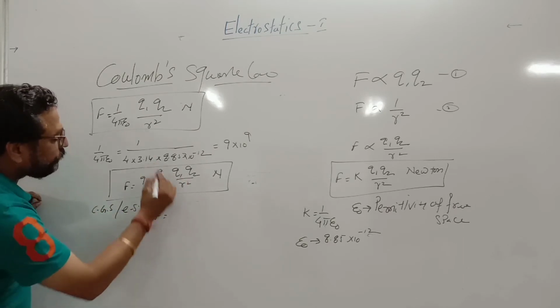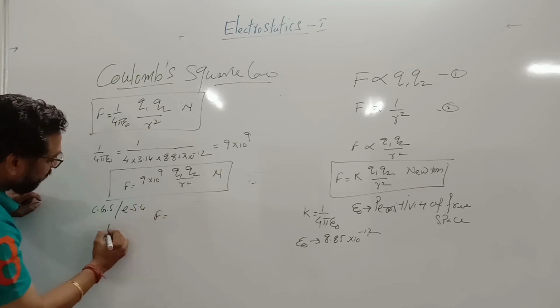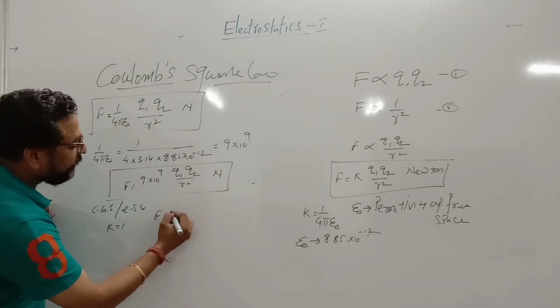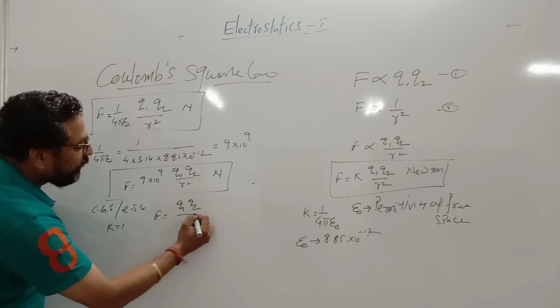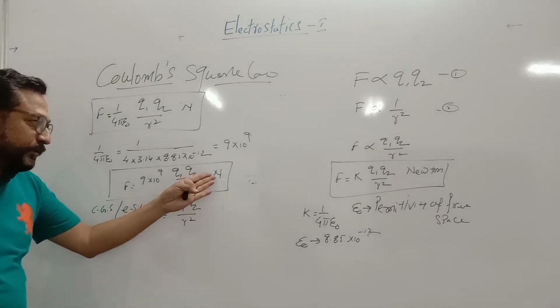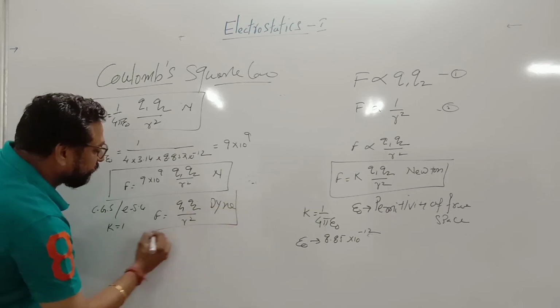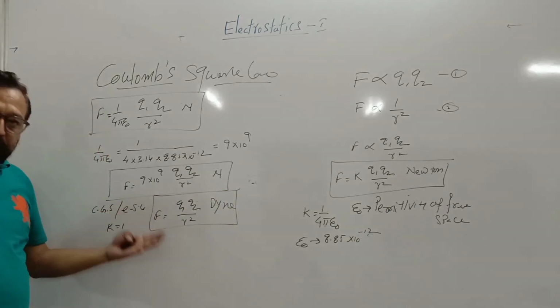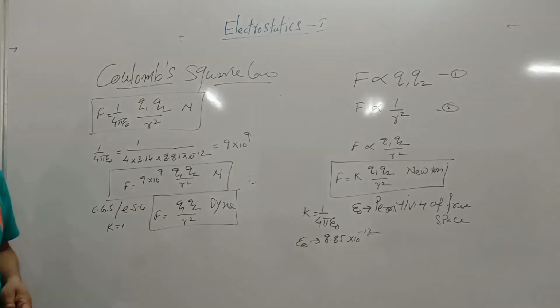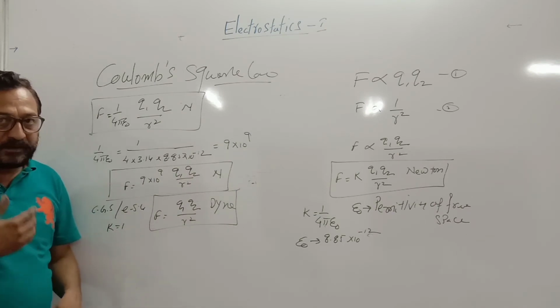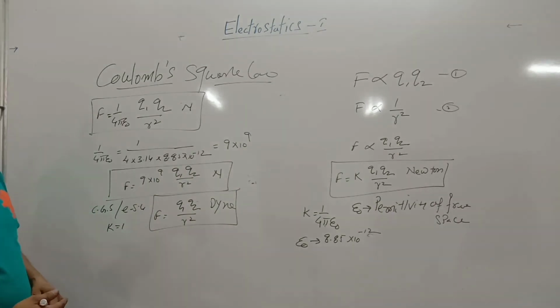F is equal to, K value is 1, then F is 1 Q1 Q2 upon R square, and the unit Newton changes to dyne. That's the unit in CGS system, and this is Coulomb's inverse square law. On the basis of this Coulomb's inverse square law, we explain other things later on.